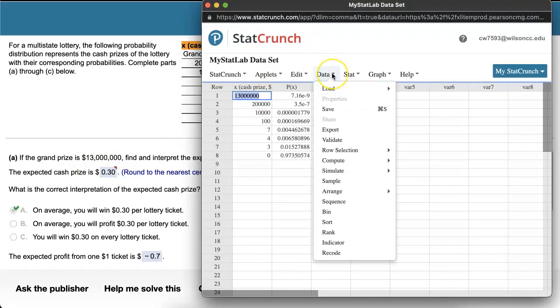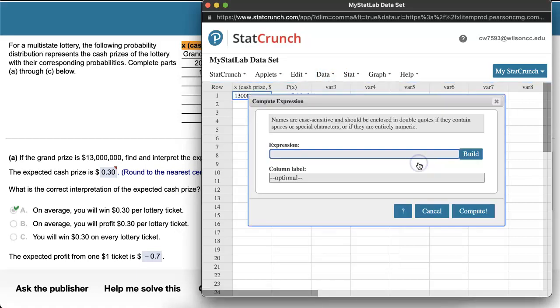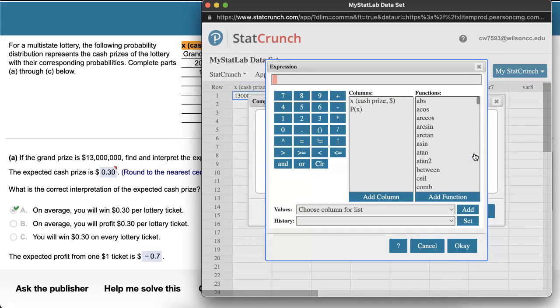So the next thing I want to do is find the products of each individual cash prize and its corresponding probability. To do so, let's go to Data, Compute, and Expression. I'm going to build the expression. If you click on that button, it takes you to the column names. This way I don't mistype anything.